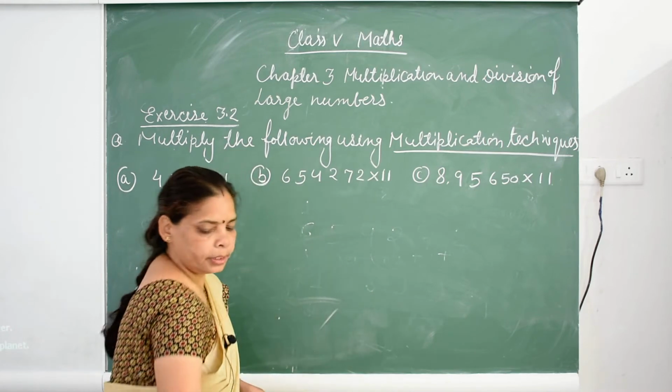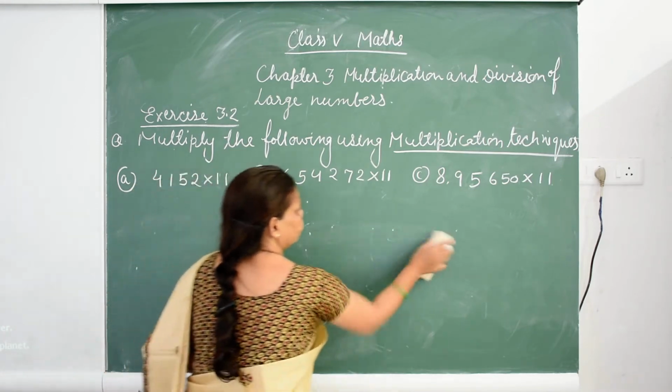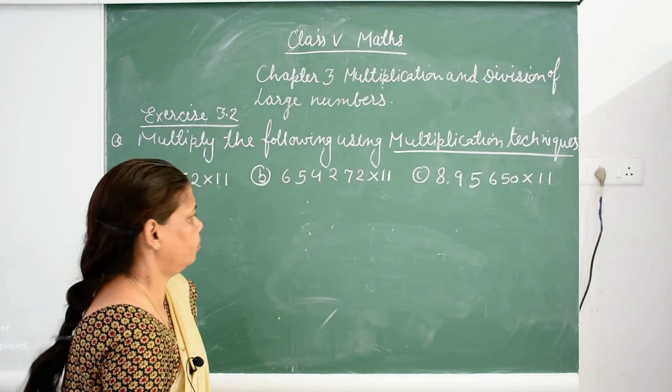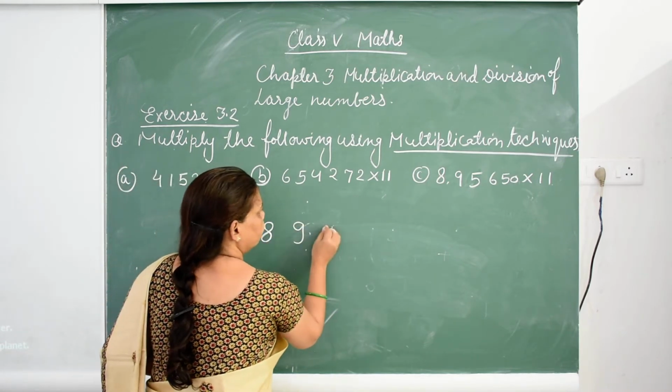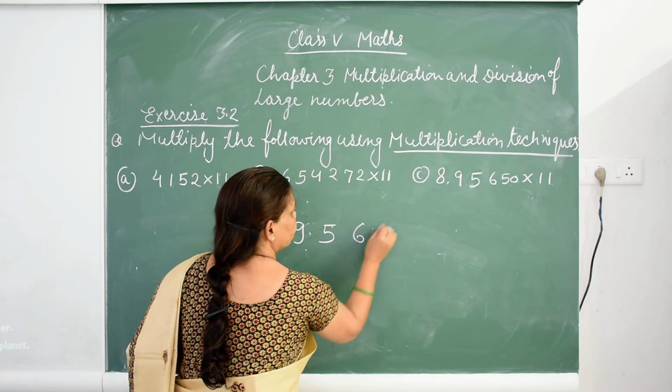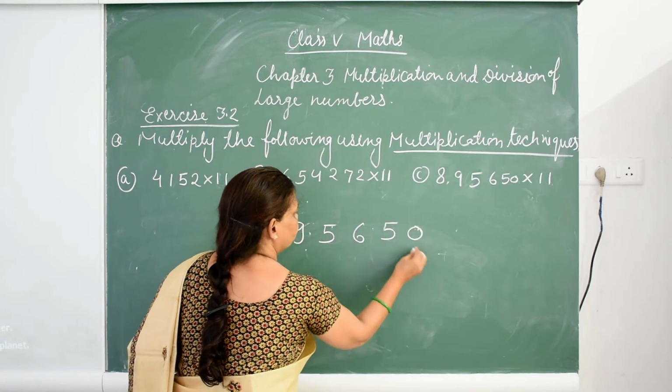Now take another example. 8, 9, 5, 6, 5, 0.